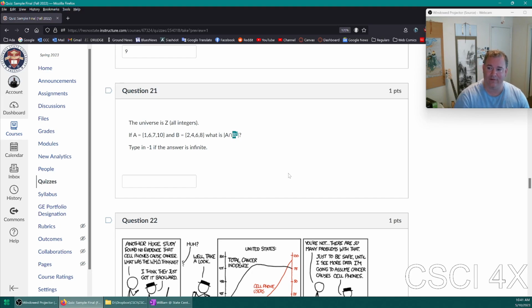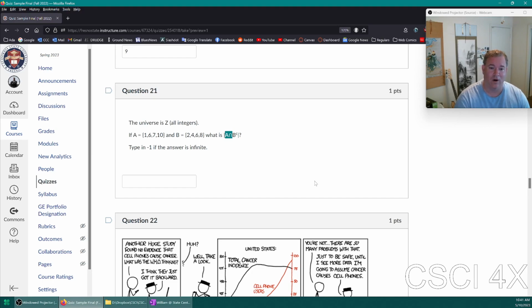So what elements, what integers are in A? That's the first part here. What elements here are in A but are not in B? And then with the vertical slash, we're going to count how many of those there are. So which elements of A are not in B? Three.